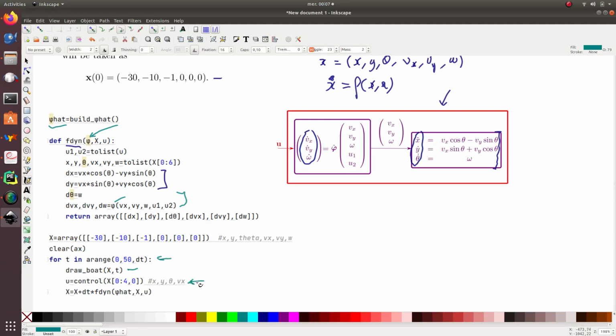But the controller I've made for the Dubins car only asks for input x, y, theta, and vx, no vy, of course. But I will use here f dynamic with an input phi hat that has been built previously, and that is used here. And this will perform a simulation of the boat of the client that has been learned from all the data here.